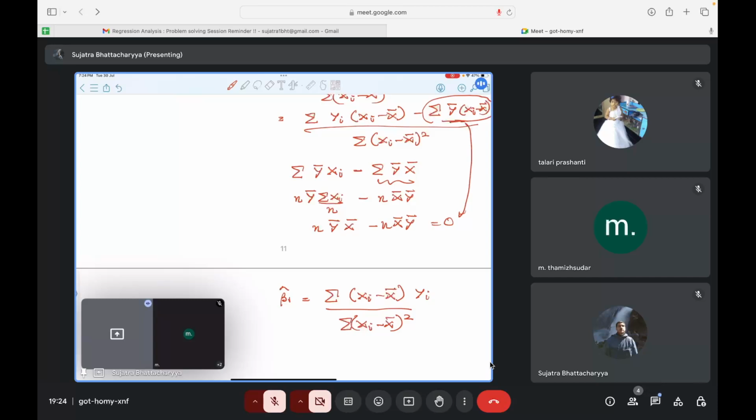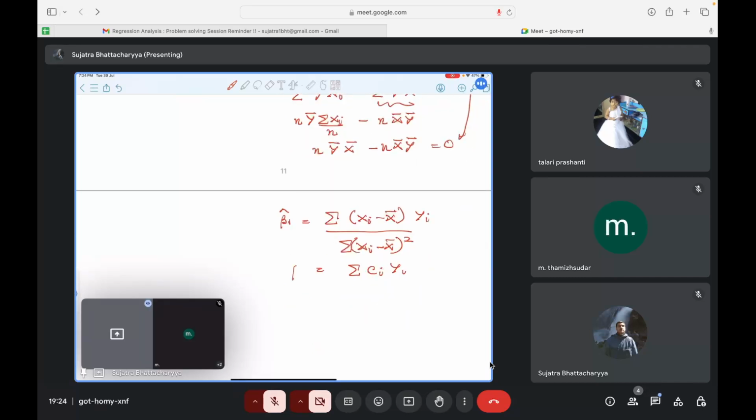And I have told you that x's are all taken as a constant. So I can write this as summation ci yi. So beta 1 cap is a linear combination of y and this ci is nothing but xi minus x bar divided by summation xi minus x bar whole square. Okay, this is your ci. So beta 1 cap can be written as a linear combination of yi.